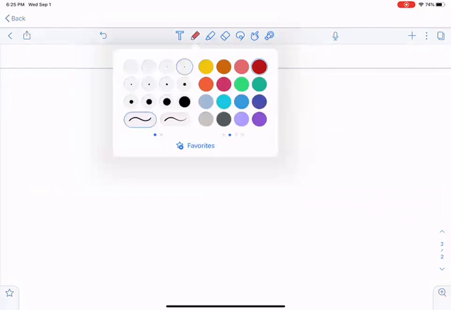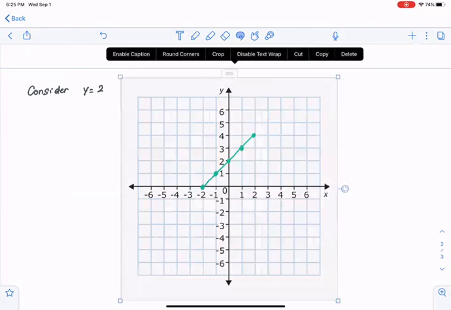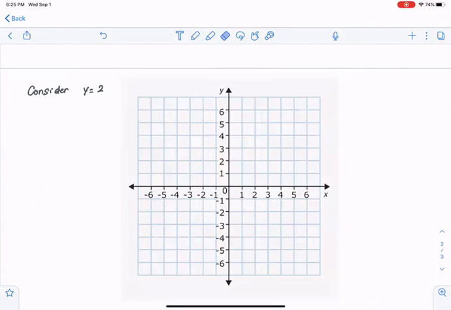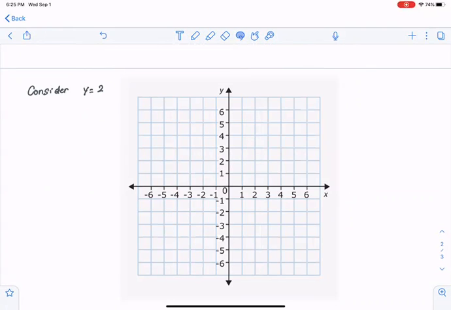So consider y equal to 2. We all know that that is a line. And specifically, it is a solid line.